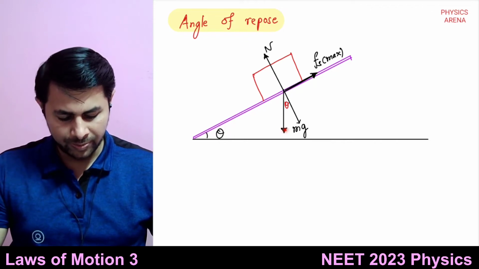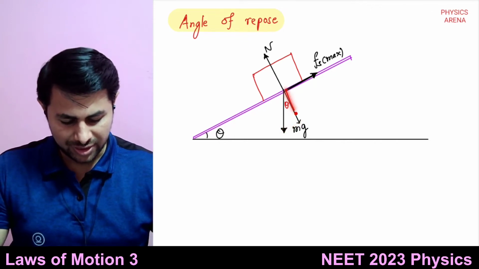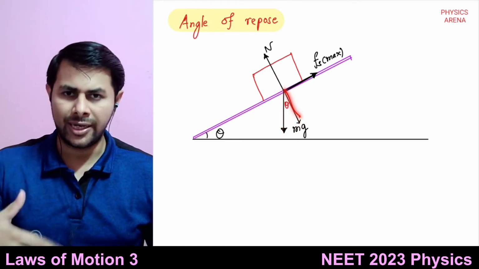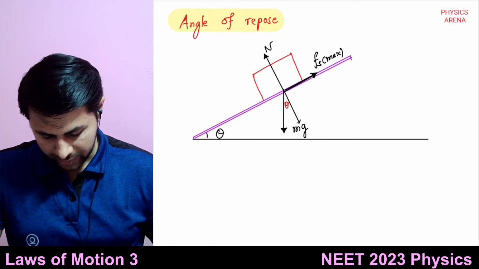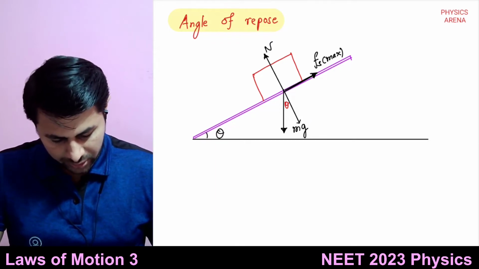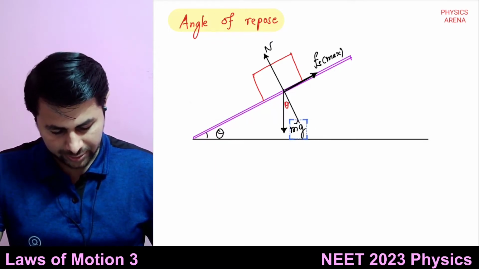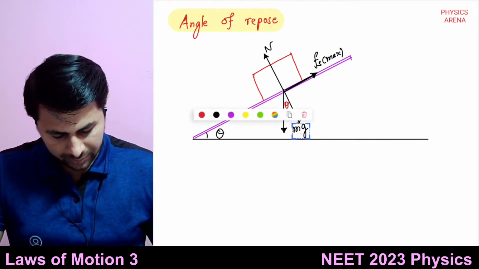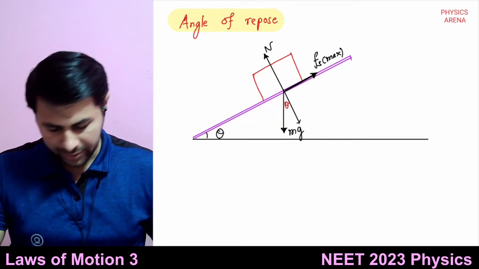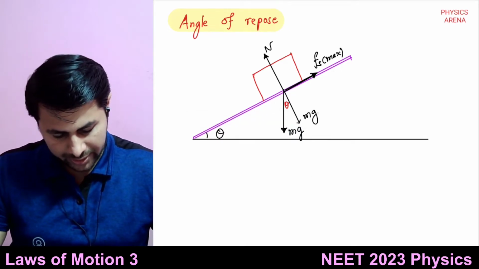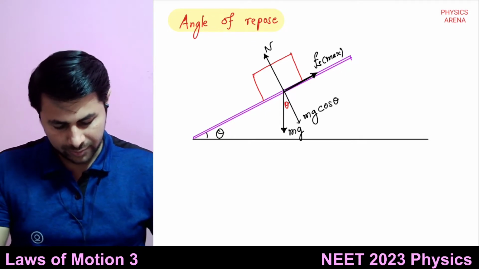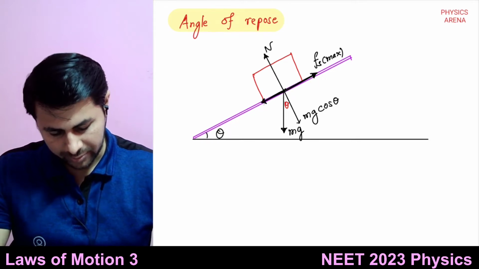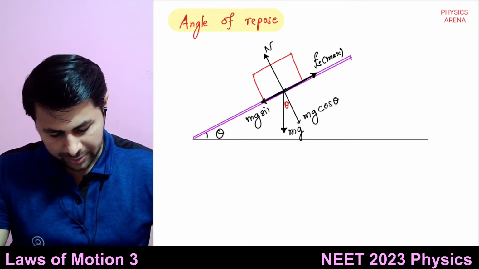And component of mg through the angle. This is not mg, okay? This is mg. So component of mg through the angle is cos component. Right? So this is mg cos theta, and this component will be mg sin theta.